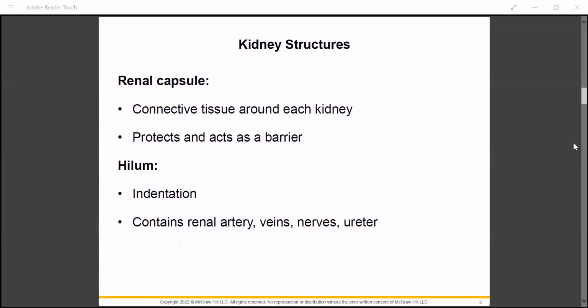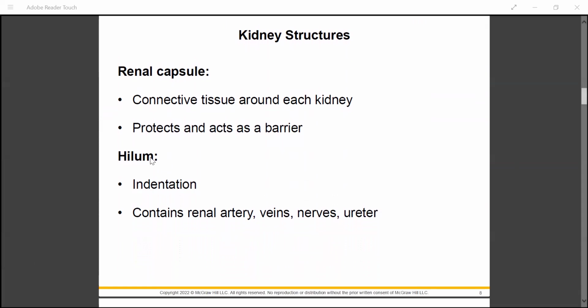So the actual structure of the kidney: each kidney has a renal capsule, and this is just a connective tissue sac around each kidney, which is mostly there just for protection. We have the hilum. So if you remember back from the digestive system chapter, the hilum of the liver is where the arteries, veins, and nerves entered. Same thing for our kidneys.